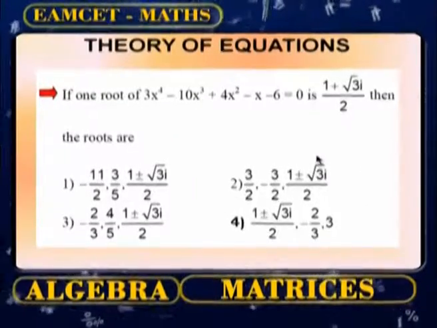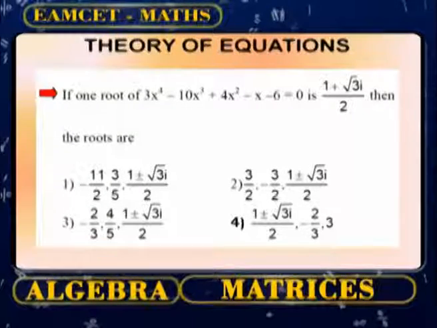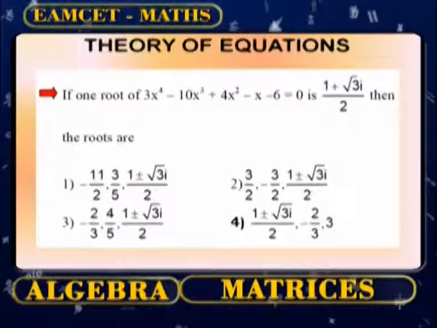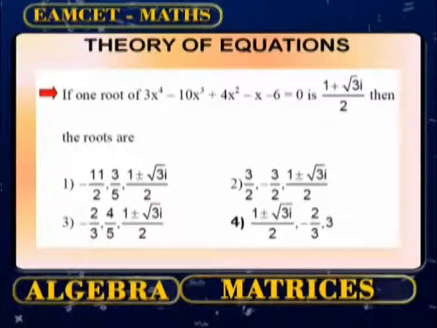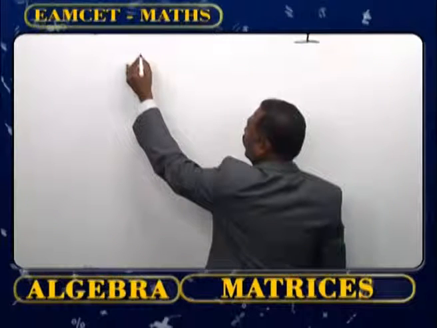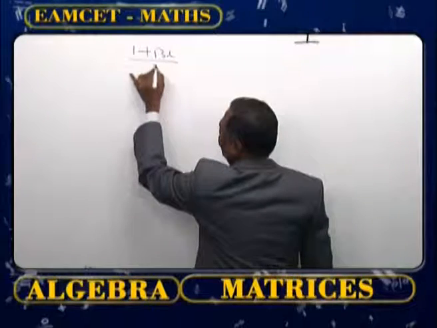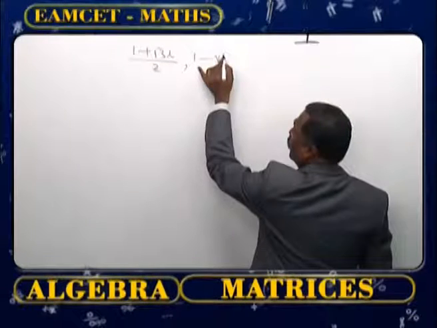If 1 root of 3x^4 minus 10x^3 plus 4x^2 minus x minus 6 equal to 0 is (1 plus root 3 i) divided by 2, then the roots are... When one of the roots is given to be (1 plus root 3 i) by 2, the other root will obviously be (1 minus root 3 i) by 2.